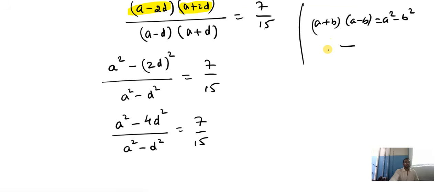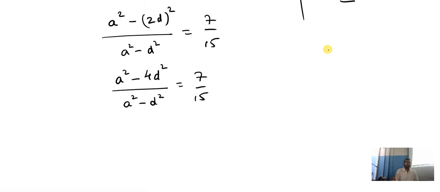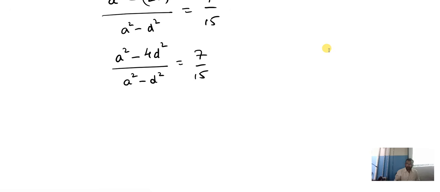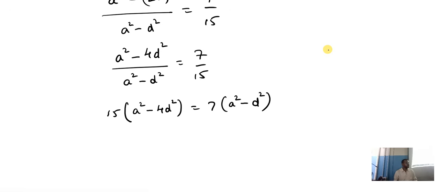Now can we cross multiply? That is 15 into A square minus 4D square is equal to 7 into A square minus D square. So 15A square minus 60D square is equal to 7A square minus 7D square.